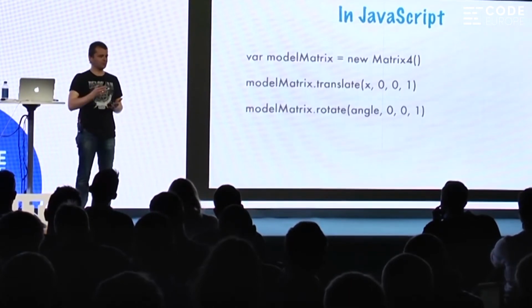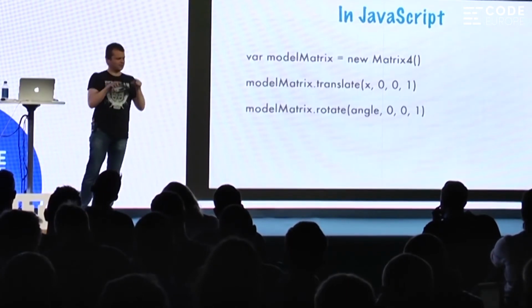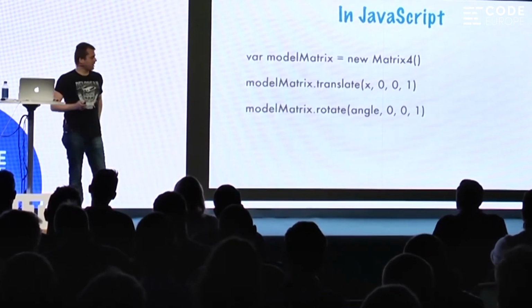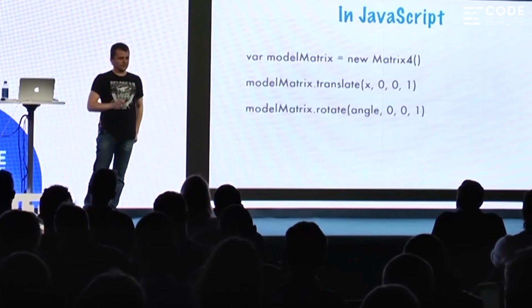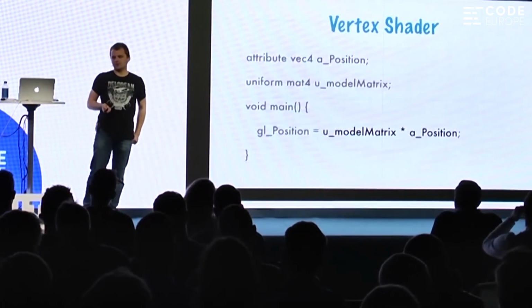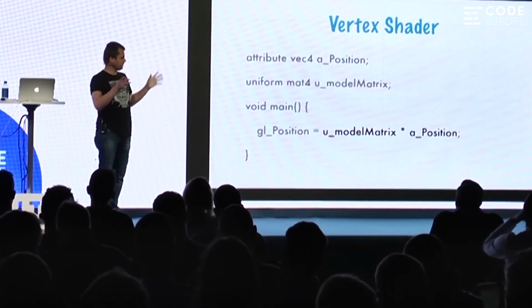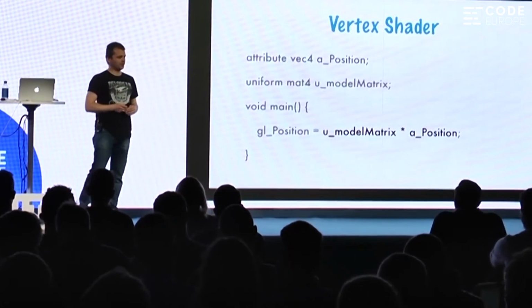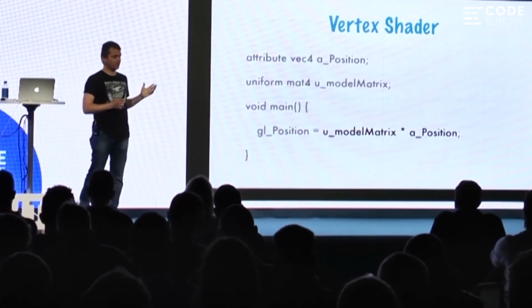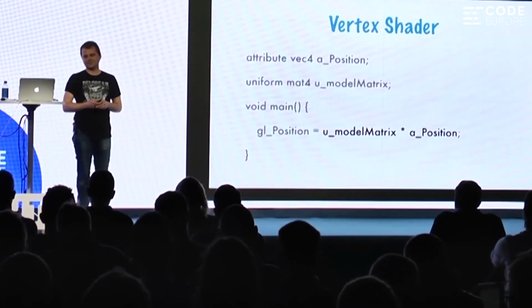And you shouldn't really worry about what the numbers in this matrix mean. If you do, you're doing it wrong. The best thing about matrices is that if you pass a matrix to the vertex shader and you want to translate the positions, it's only one multiply. That's the best thing about matrices you can learn.